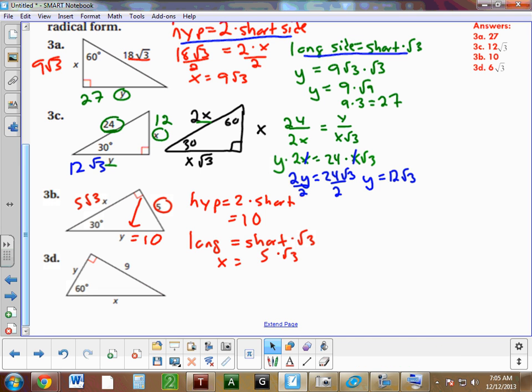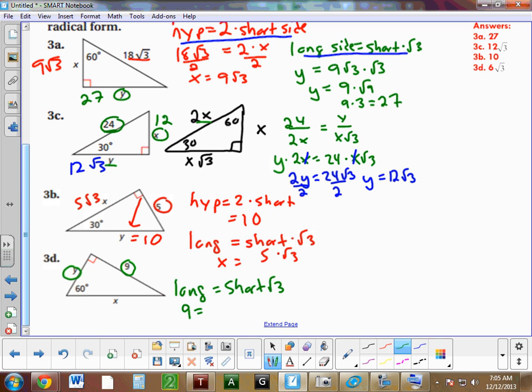All right, last question. So down here again, I'm given the longer side. So I don't know what the easiest way to do this is, but let's go get the short side, I guess. So the long equals a short times root 3, which means 9 equals the short side, which is y times root 3.